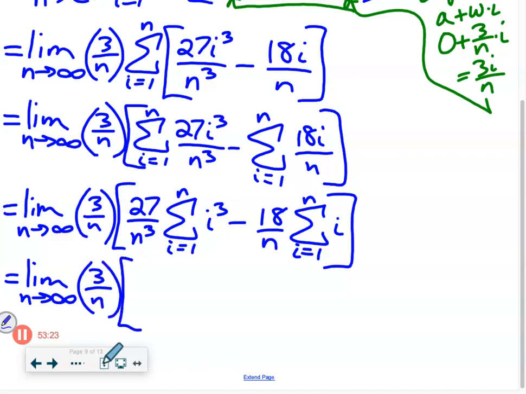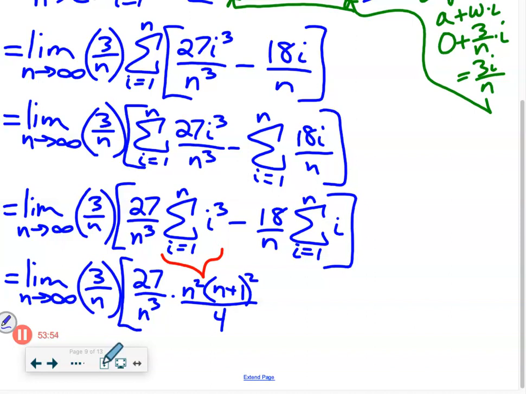So this first one, 27 over n cubed times the sum as i goes from 1 to n of i cubed is n squared times n plus 1 squared over 4. You will have to know these.